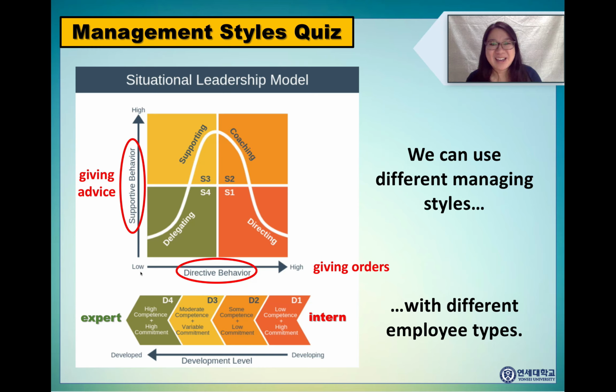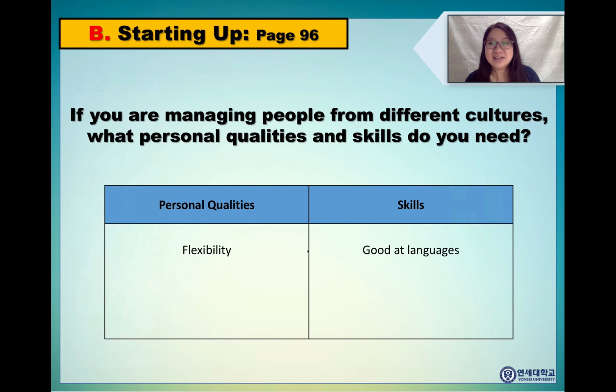So, now that we have a nice introduction to different types of management, let's take a look at our textbook. Today, we're going to learn some qualities of a good manager. We have a little thought experiment for you to do.